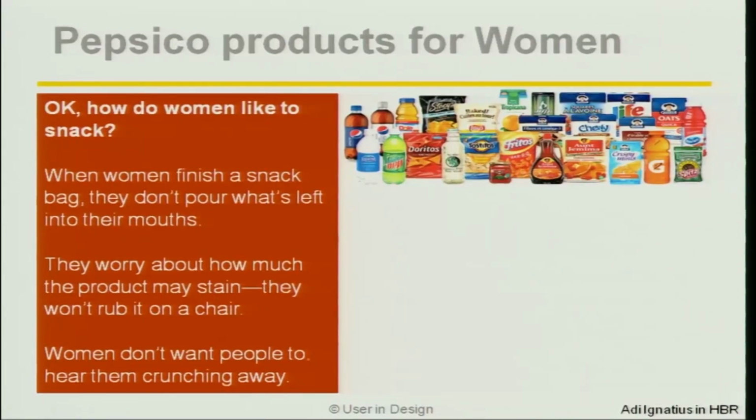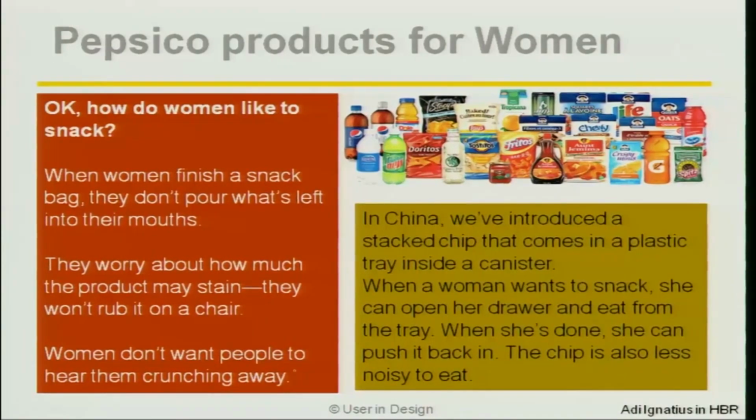Okay? They don't feel comfortable when people can hear them crunching, right? Men don't think anything of it. But women, according to their research, don't like people to hear them crunching away at something. So they say that in China, we've introduced a stacked chip that comes in a plastic tray inside a canister, right?